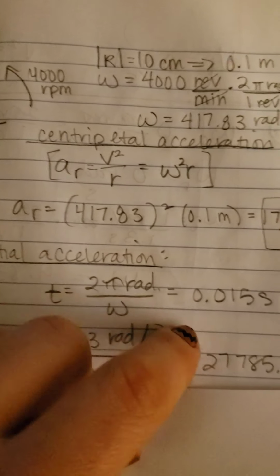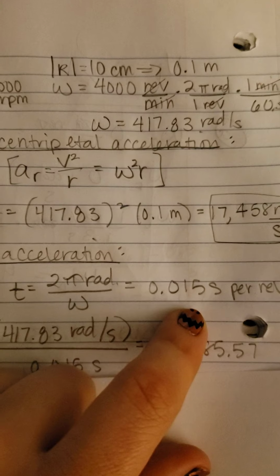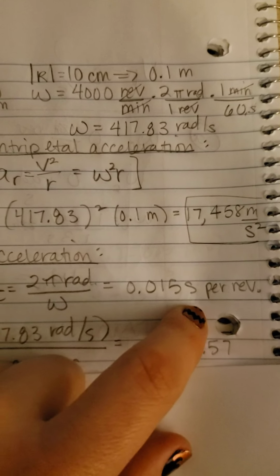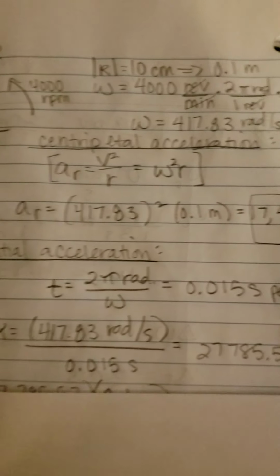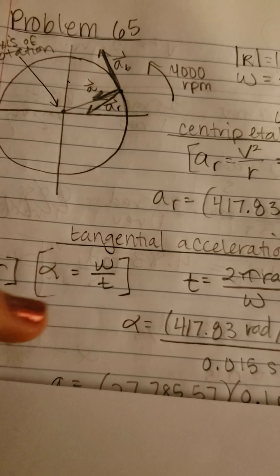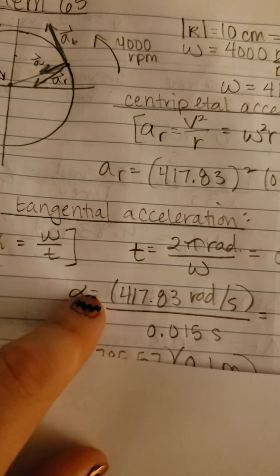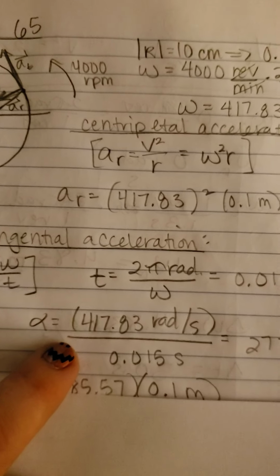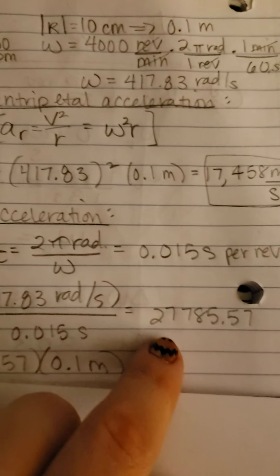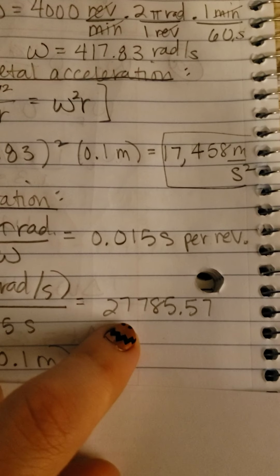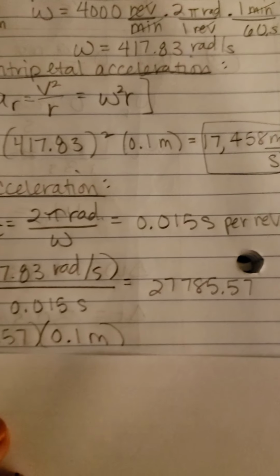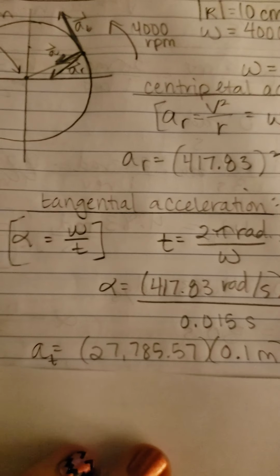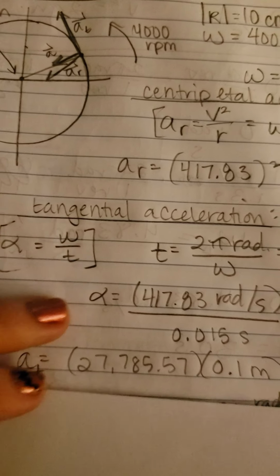We can use this equation here, and we find that 0.015 seconds is how long it takes to do 1 revolution. So we plug that in for t, plug in our angular velocity, and we get 27,785.57 radians per second squared for that angular acceleration.